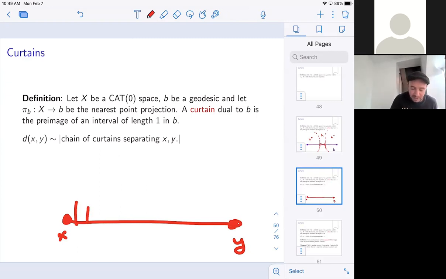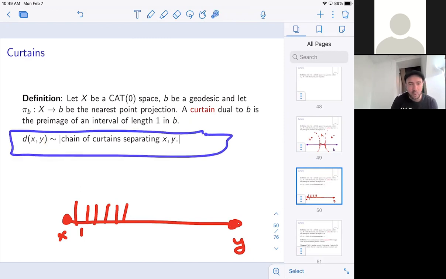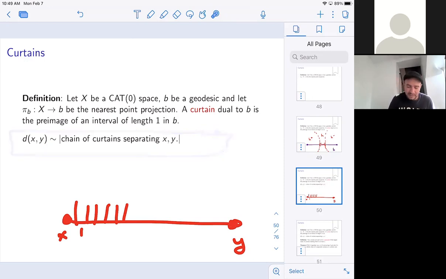Just take the pre-image of 0 up to 1, the pre-image of 1 up to 2, etc. The larger the distance is, the more such curtains there are. So these two quantities are actually the same up to 1. The distance between 2 points is the cardinality of the largest chain of curtains that separate them.